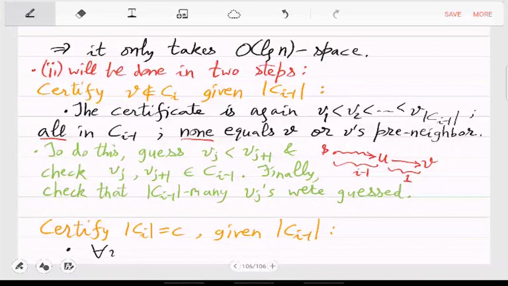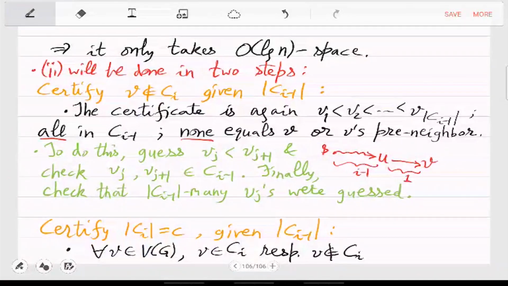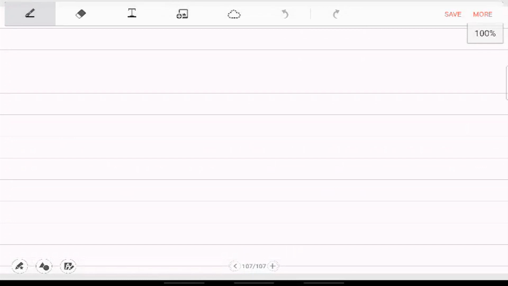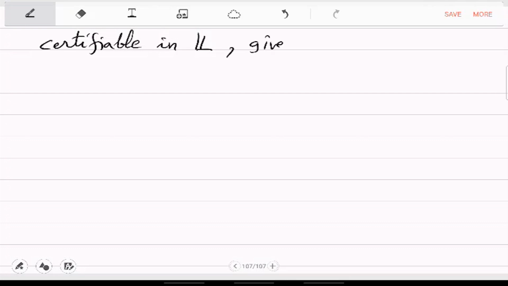For every V, whether V is in Ci or V is not in Ci is certifiable in log space given the size of Ci minus 1; we have shown this. So you go over all the vertices and count, and that gives you the exact count of Ci.